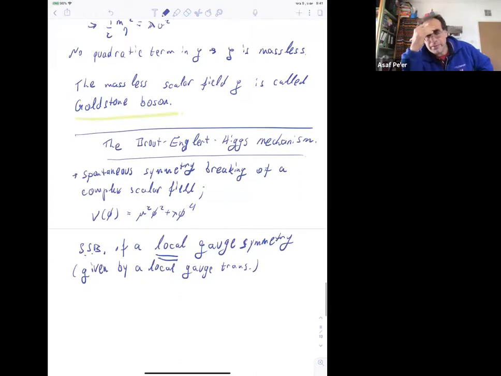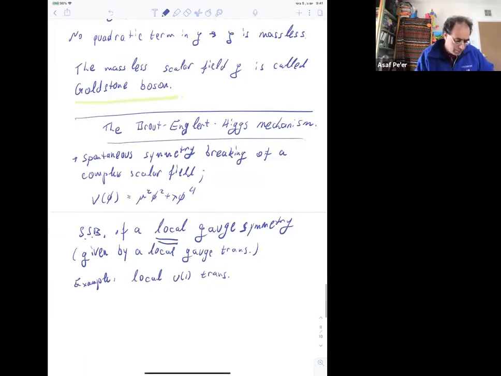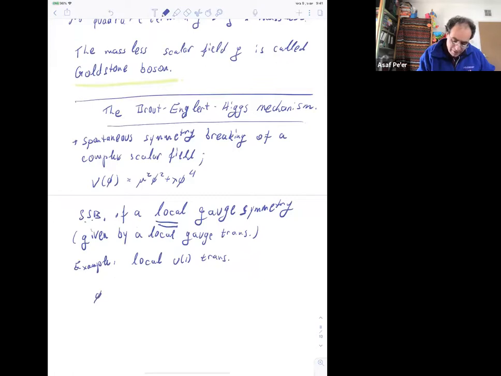So let's start with the simplest one, which is the local U(1). This is not yet the standard model. The example I'm going to give to show you what happens is the local U(1) transformation, which is phi of x goes to phi prime of x, which is e^{igχ(x)} phi of x.